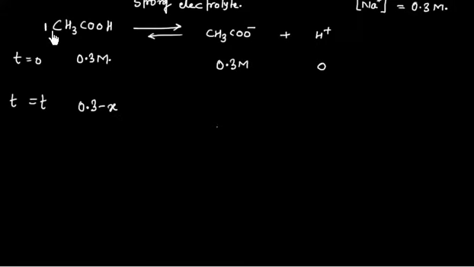Now we can write the expression for the equilibrium constant Ka. Ka is the concentration of H plus times the concentration of CH3COO minus, divided by the concentration of acetic acid. Now this is x, this is 0.3 plus x, and this is 0.3 minus x.